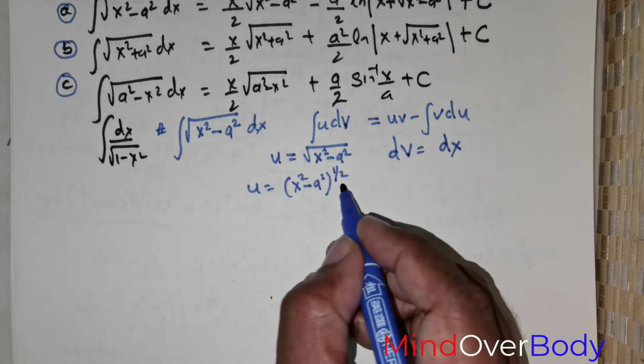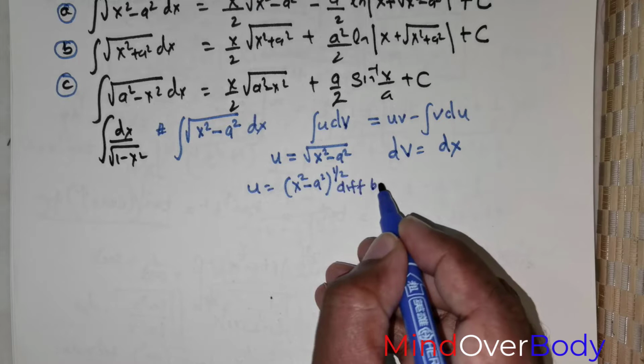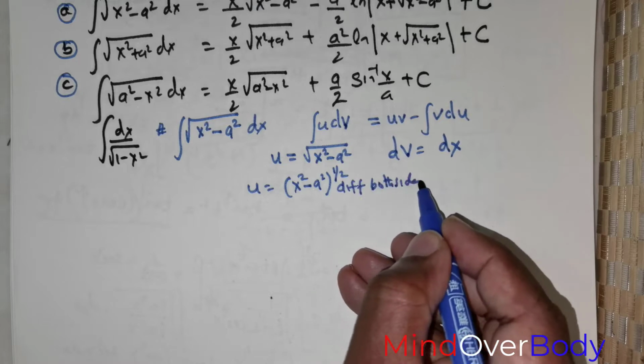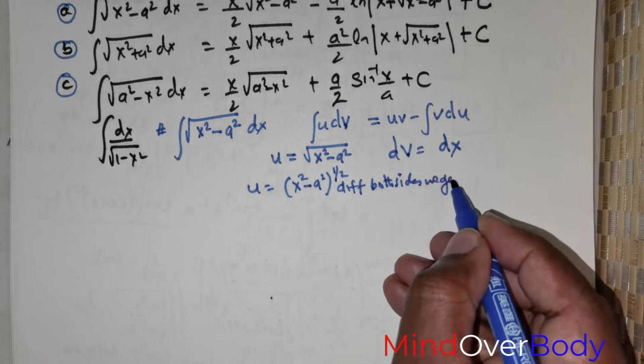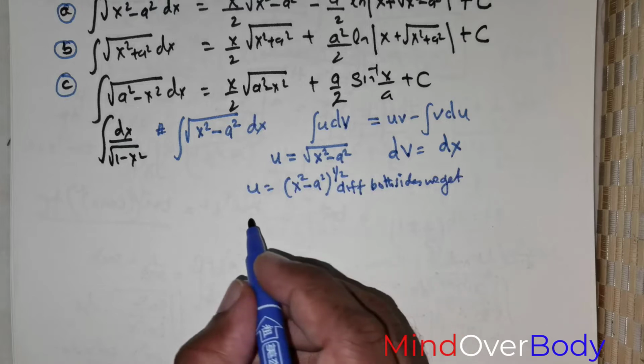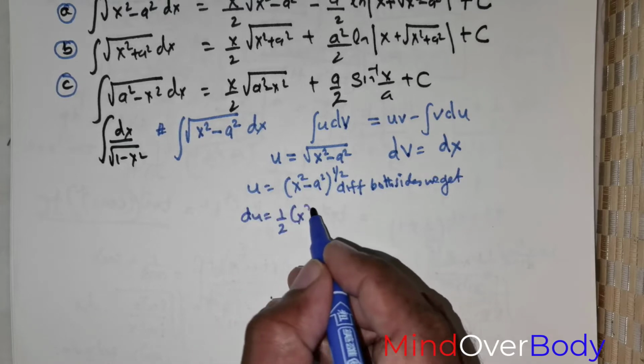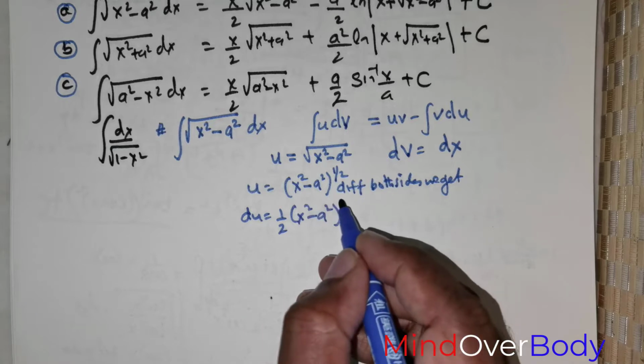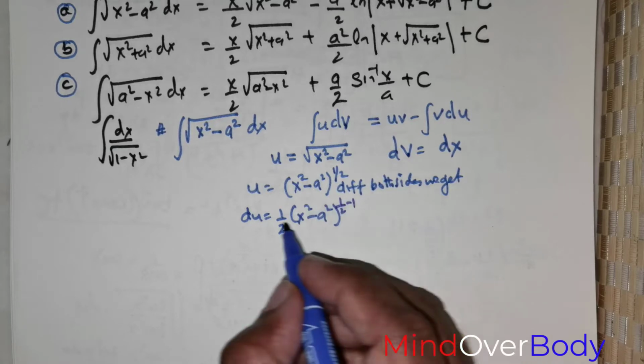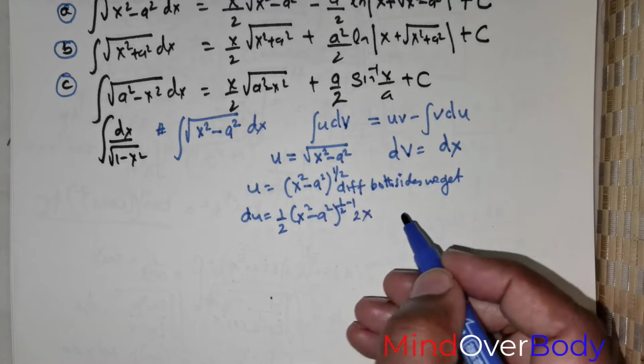Now differentiating both sides, we get du is equal to 1 over 2 times x squared minus a squared raised to the power of 1 over 2 minus 1, times the differentiation of x squared, which is 2x.